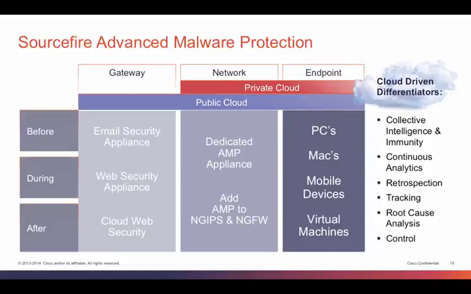So if we've got customers who already have the Cisco content security appliances, the ESA and the WSA, our entry point can be the gateway because it's a license add-on. We can then land and expand into the network as well as the endpoints.